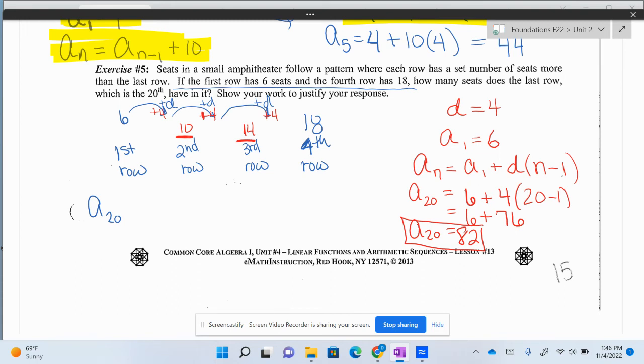The symbol for absolute value is these two lines. Okay. So if I said the absolute value of -5, it's 5. This symbol makes the number positive. So the absolute value of 4 is 4.